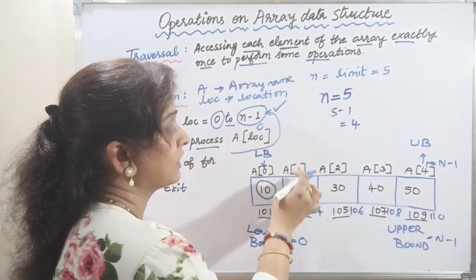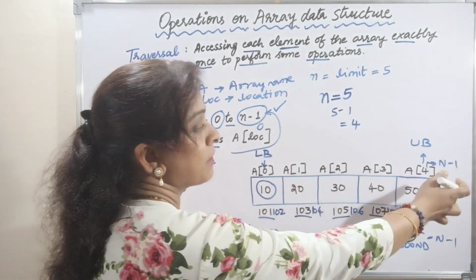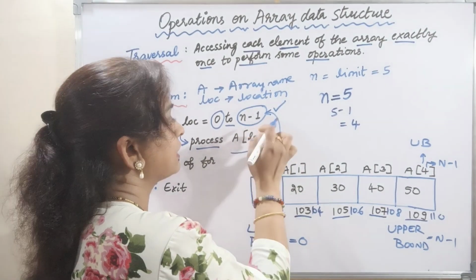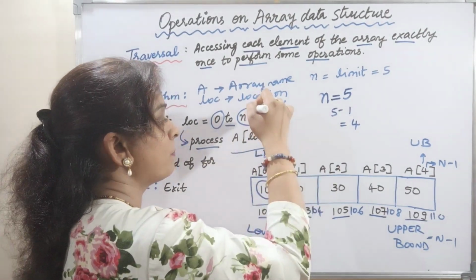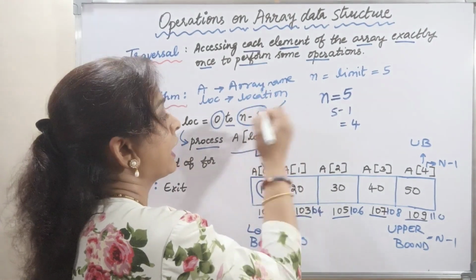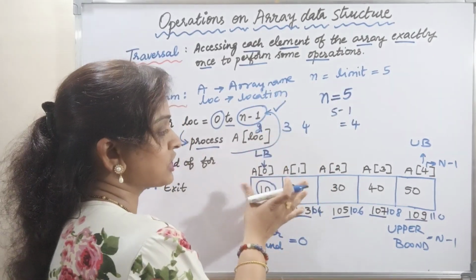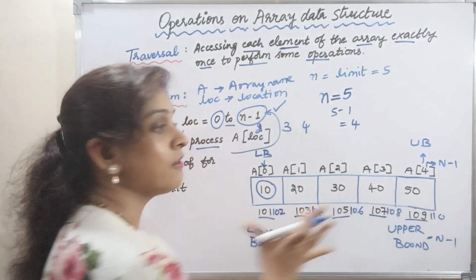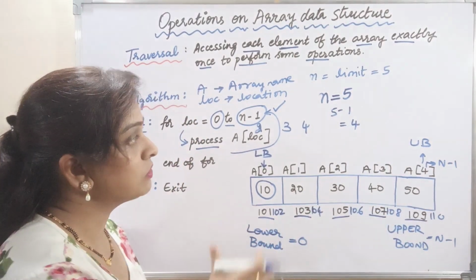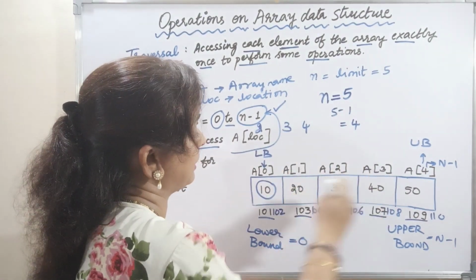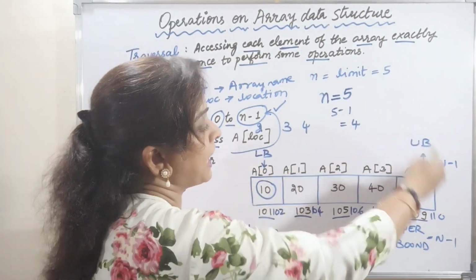I check 1 to n minus 1. If it is true, once again process A of 1. Again look back: A of 2, A of 3 and A of 4. In every iteration we check whether we are within the bound of the array. If it is true, then I process it. Like this I traverse every element A of 1, 2, 3 and 4.